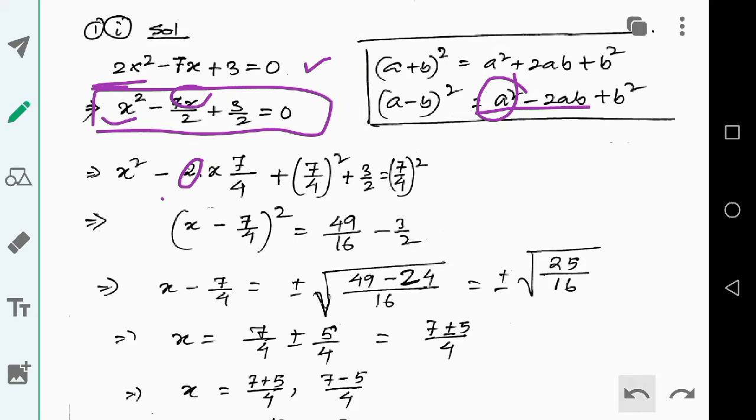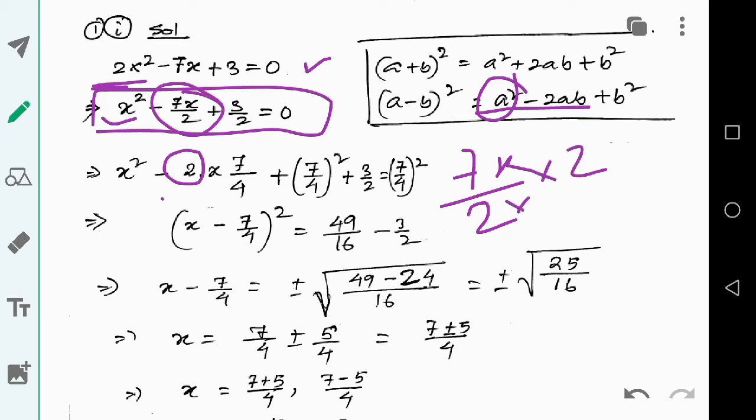As the term was 7x by 2, if you write 2 here, then you have to multiply by 2 here also, then the 2 will cancel, and again you will get 7x by 2.